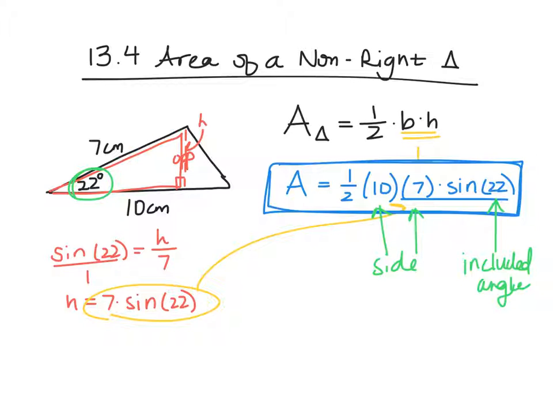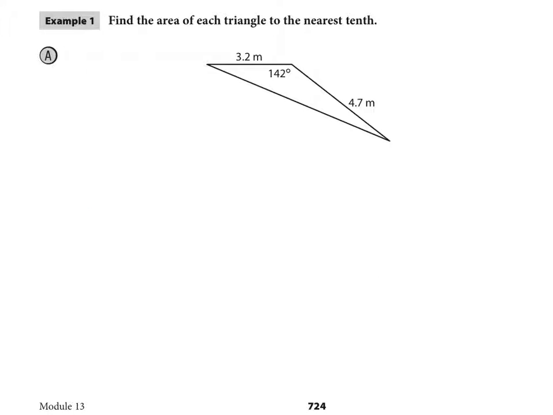Let's look at one more example of just how to set this up so that you can make sense of this before you practice tomorrow. All right, so in this example, remember, my formula starts out very similar to the way that it would for a regular triangle, for a right triangle. So this is area equals 1/2. We're going to multiply, and we have to check that they give us 2 sides, and that they give us an included angle, which is the angle in between.